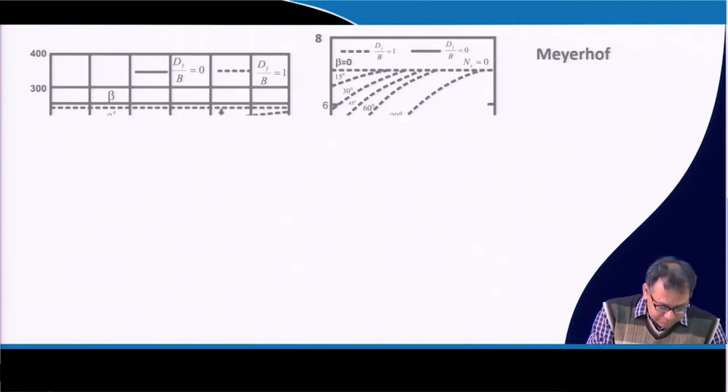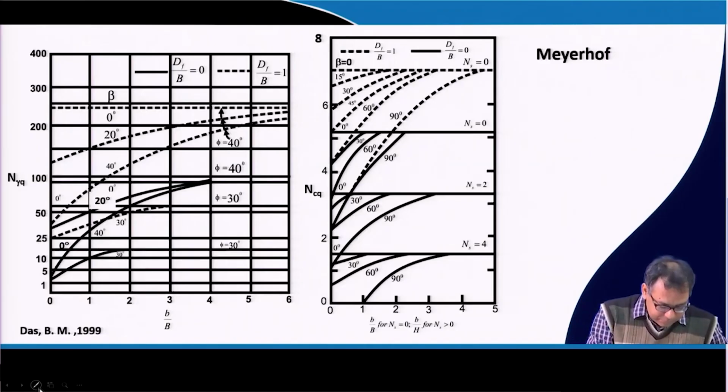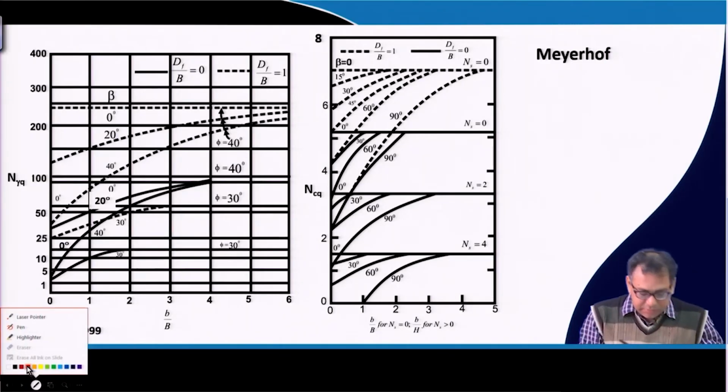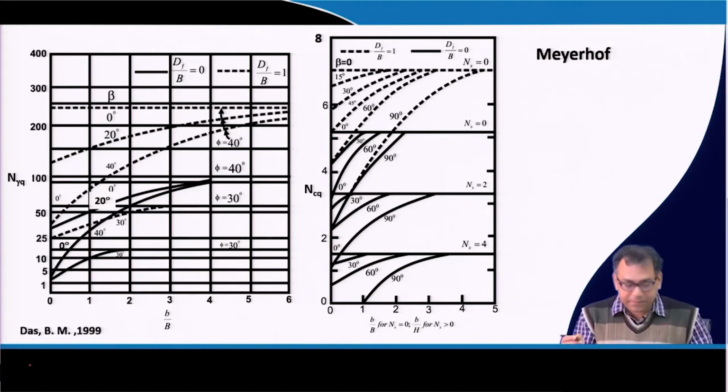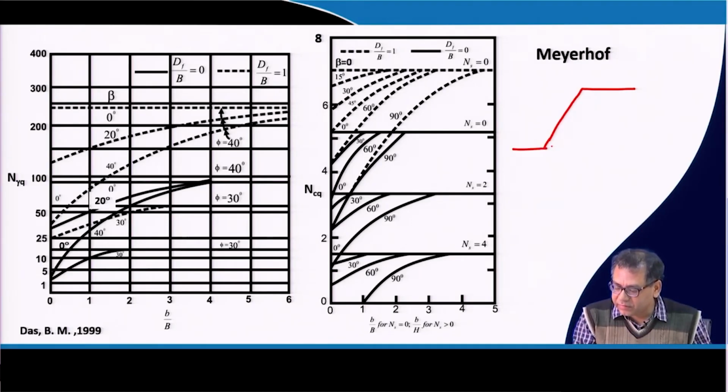Meyerhof has suggested that if the foundation is on the slope, whose angle is beta, the foundation can be on the slope surface or at some depth also.